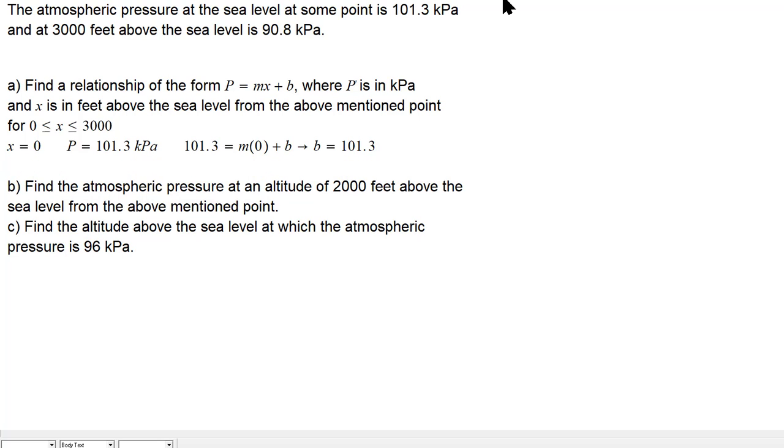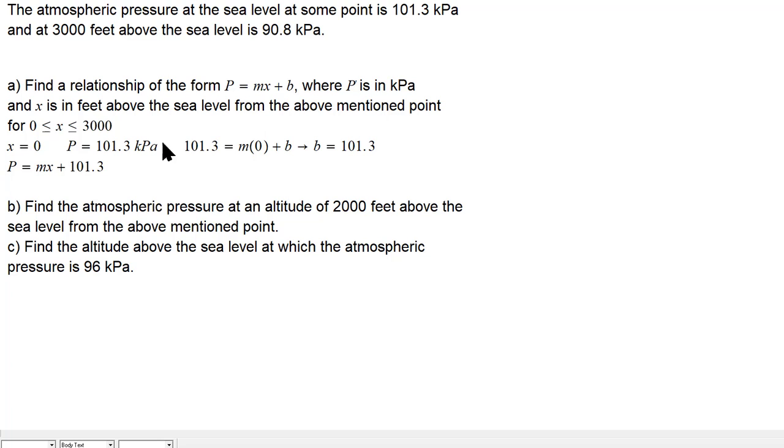So we get this much now, that P equals mx plus 101.3, the p-intercept, if you recall the equation formally.